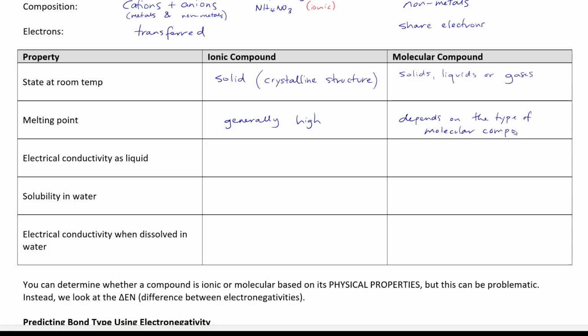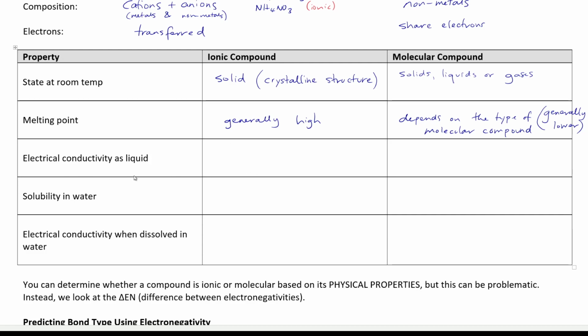So some molecular compounds can have high melting points, and some can have medium melting points, and some can have low melting points. But if we are comparing them to ionic compounds, they are generally lower than ionic compounds.